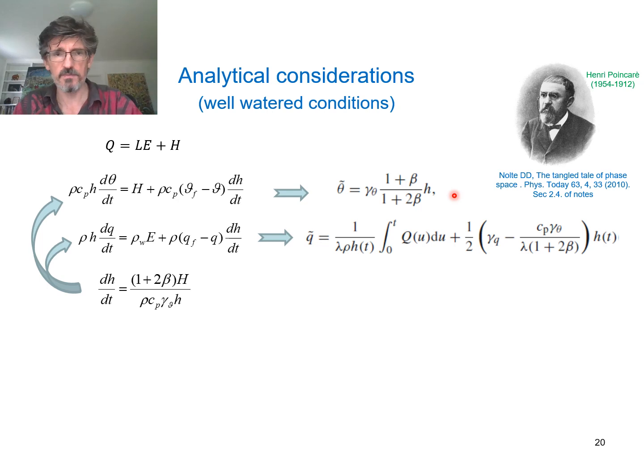We can play a similar type of game that doesn't give us a simple result as the previous one, but still reveals something. We can substitute first for E this guy here. So we solve this for E, we plug it in here, we get Q, we get minus H, and then for H, we substitute again this.